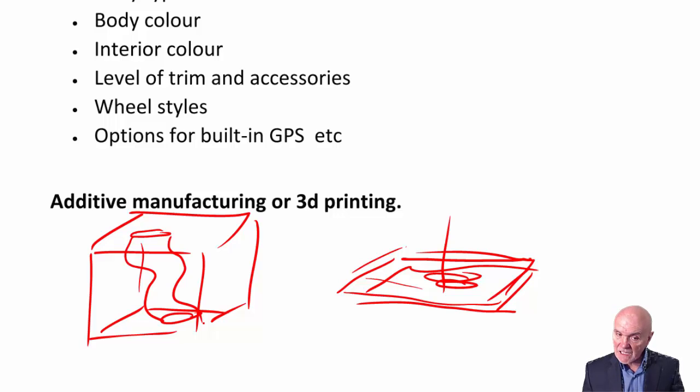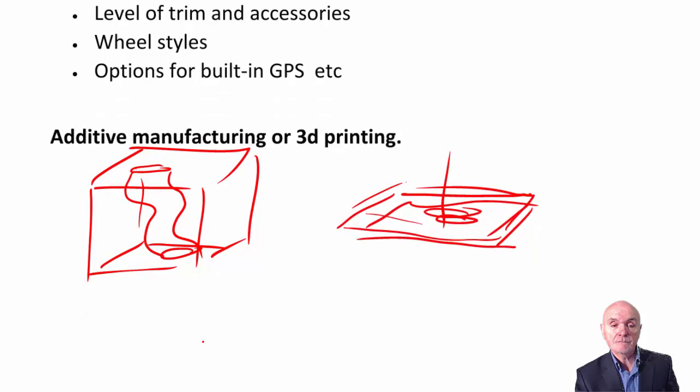And a substantial number of parts for aircraft are now being made using this method, because many of the parts being used in aircraft have to be a very complex shape, which are really quite difficult and certainly expensive to manufacture using other methods.